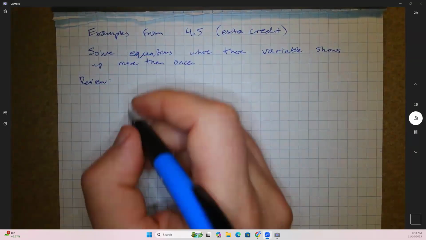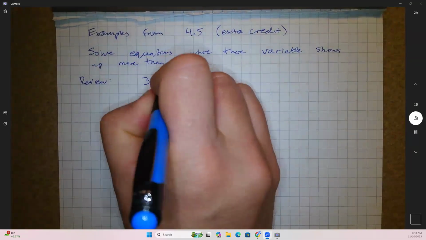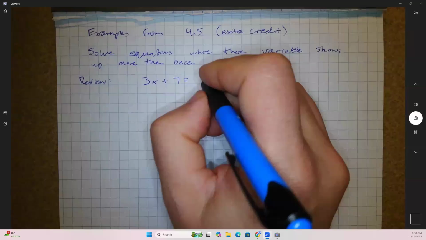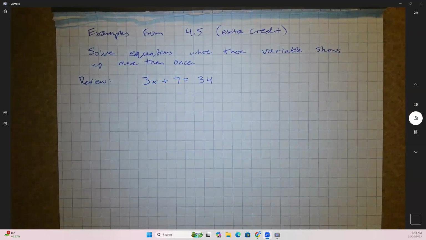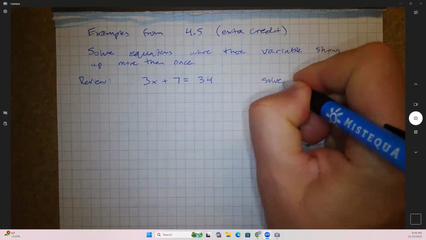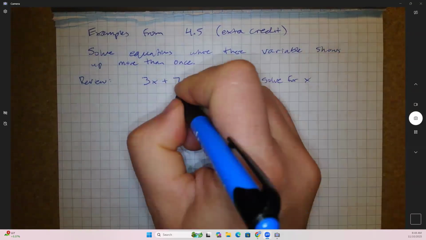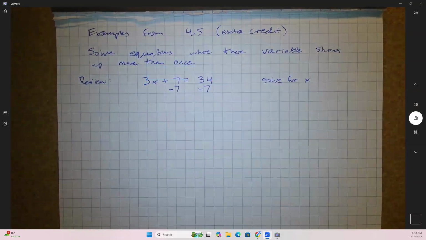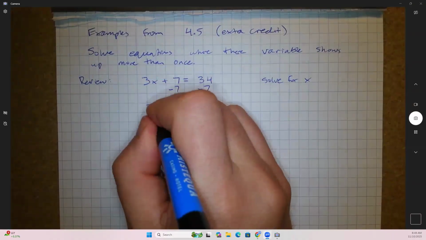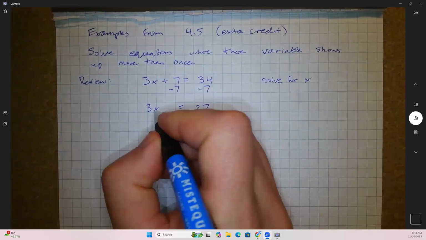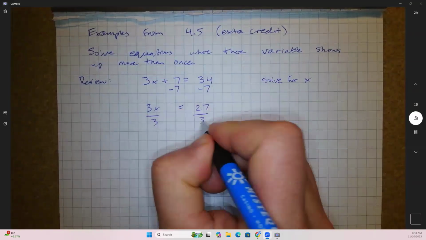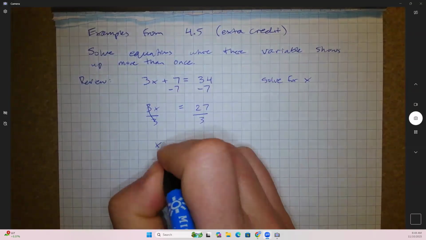As a review, if I have 3x plus 7 equals 34, right? My variable is showing up one time. And if I want to solve for x, I do something very similar to what I did in the last example. Subtract 7 from both sides. I get 3x equals 27. Divide both sides by 3. And I get x equals 9.